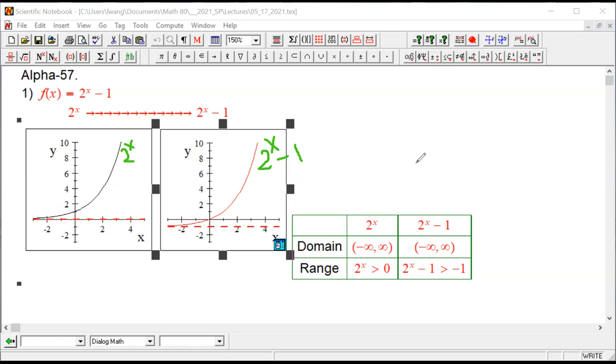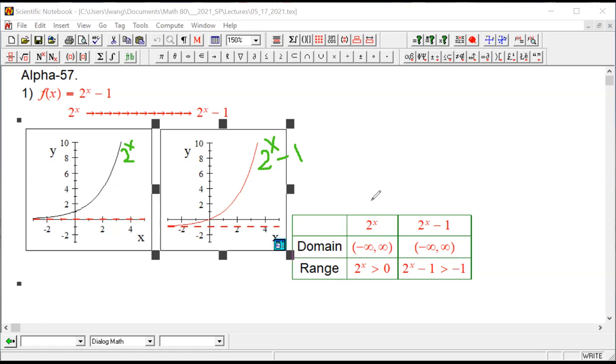Are you guys with me? Shifted down by 1 unit. Domain stays the same, range has changed. Now, remember, we're trying to find the inverse, right? And graph both in the same picture. So we're heading there. Okay, so far so good. Do you guys follow me?